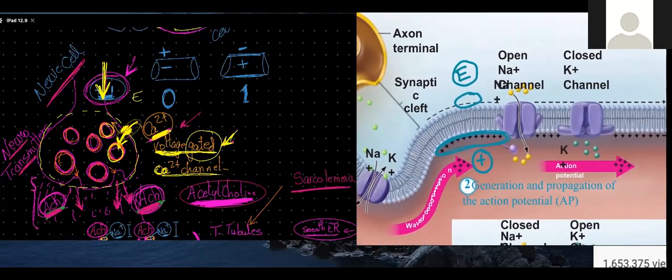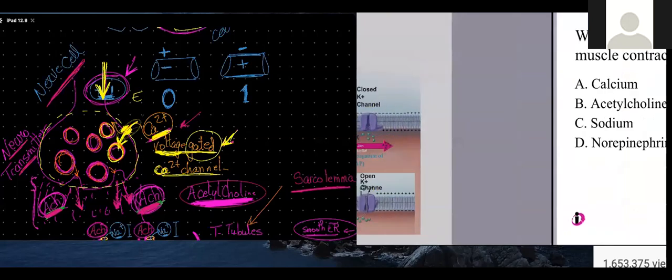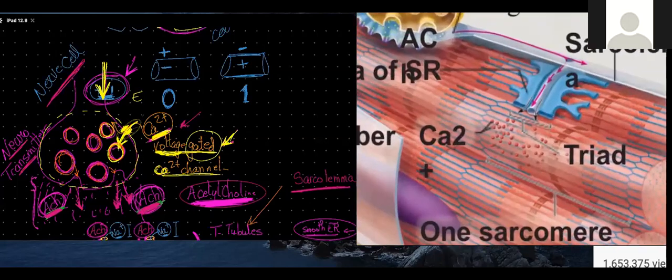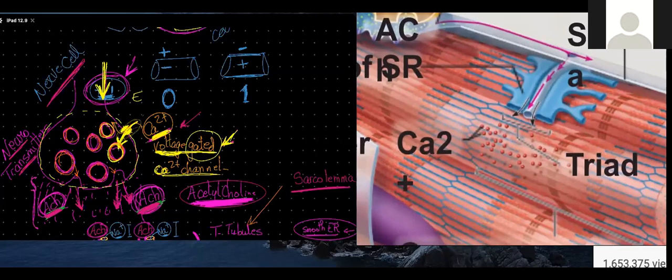This electrical signal is going to keep traveling until you get to the T tubules. The electrical impulse passes down into the T tubules that are associated with those flattened tubules on the inside of the cell membrane.